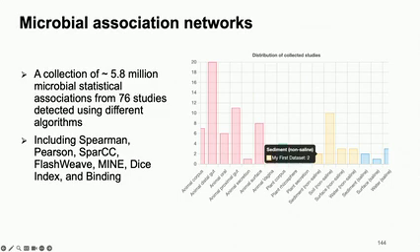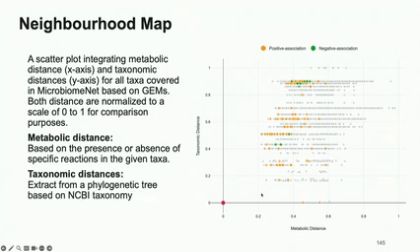From there, we would like to see what type of correlation can have some mechanistic interpretation. These correlations are identified from different environments: human gut, soil, and plant, so a lot of things. This comes up with a neighborhood map. For every microbe we have the GEM for, we can compute their distance.